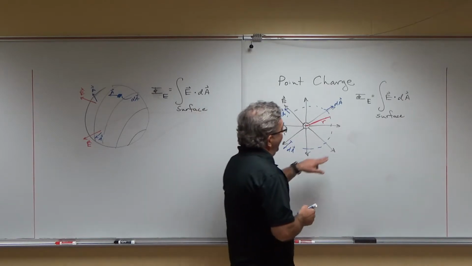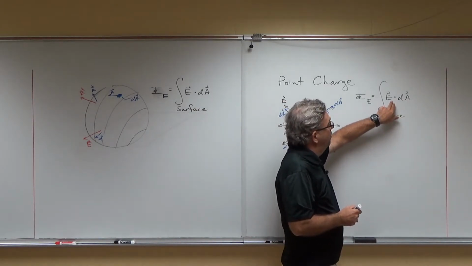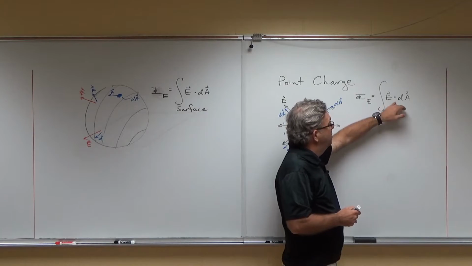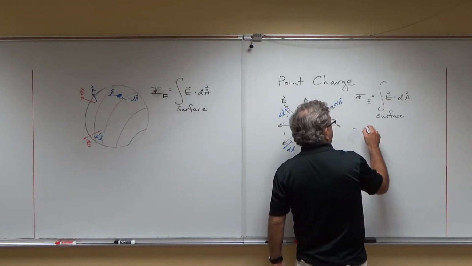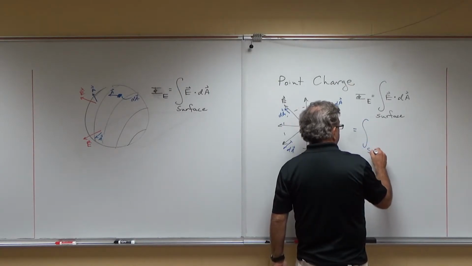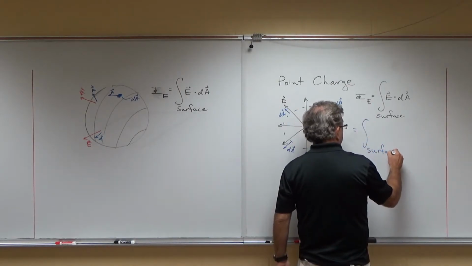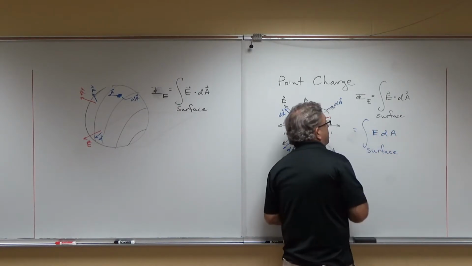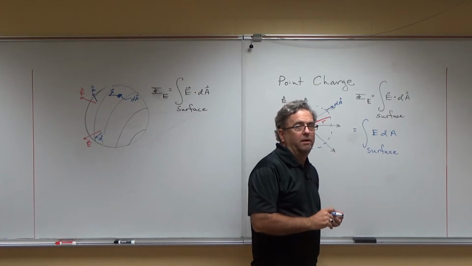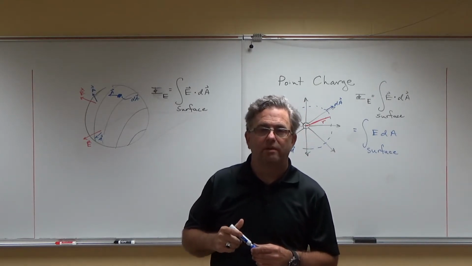So that angle is 0, and cosine 0 is 1. So this just becomes the integral over the surface of E dA. I took care of the dot product.